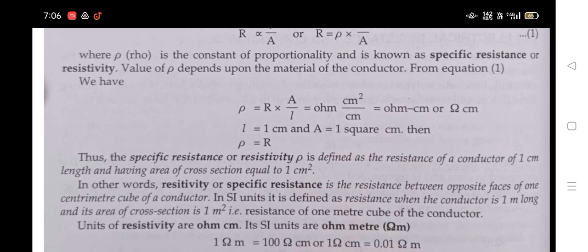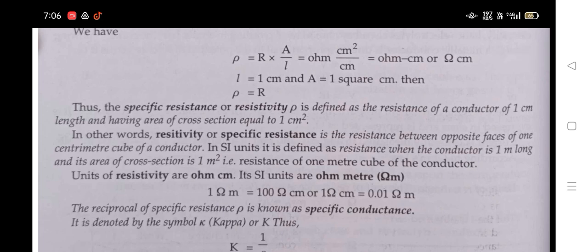Rho, the resistivity, is defined as the resistance of a conductor of 1 cm length having area of cross section equal to 1 cm square. In other words, resistivity or specific resistance is the resistance between opposing faces of a 1 cm cube of a conductor.